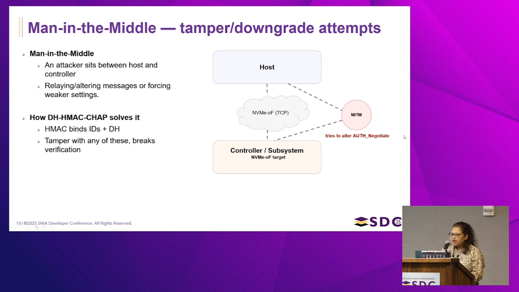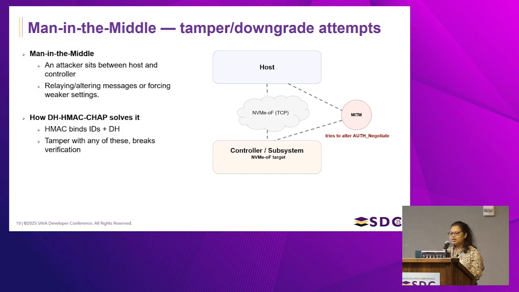In this kind of an attack, basically, how DH-HMAC solves this is that the HMAC is computed over the IDs and the Diffie-Hellman values, and the random values that are generated are ephemeral.